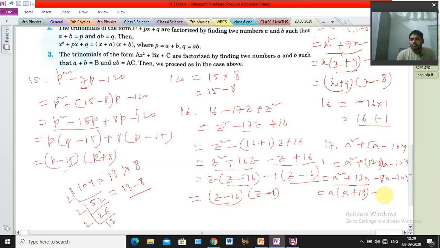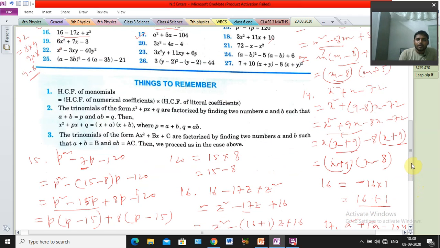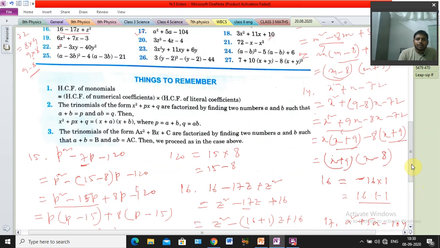Next, from the last two terms minus 8 common. So what will come inside? A plus 13 will come, because 8 into 13 is 104, so that's why. Understood? So now a plus 13 and another one will come, a minus 8. So that is the answer. Clear? Clear or not? So that is 17.